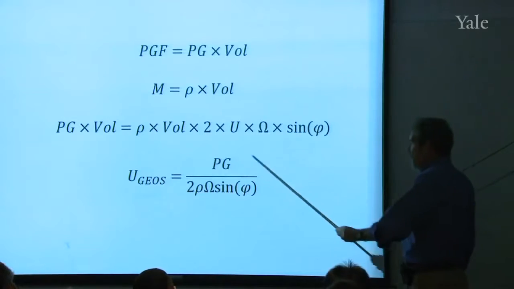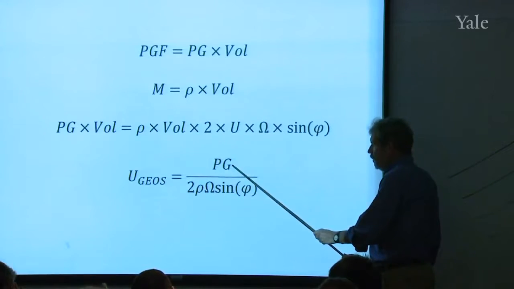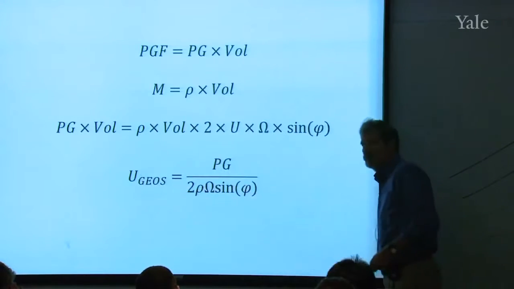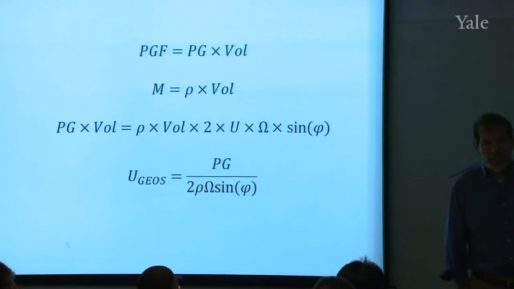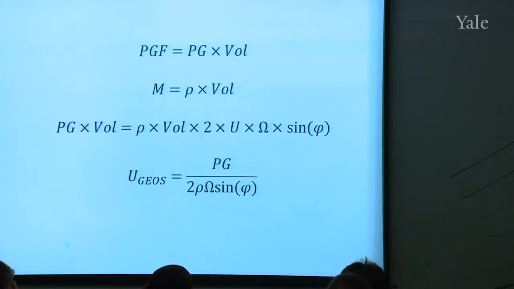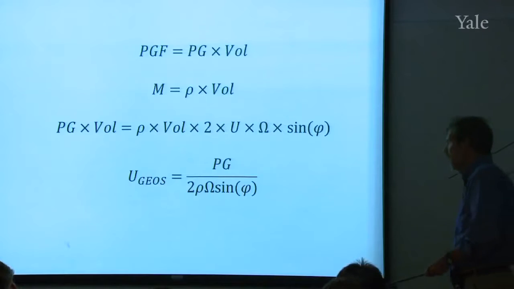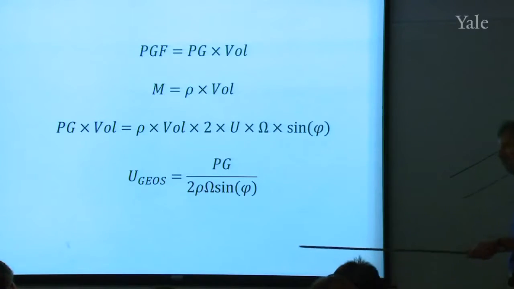It says if you know something about the pressure field, I can tell you something about the wind. It's a relationship between spatial variations in pressure and the wind speed and direction, called the geostrophic formula.